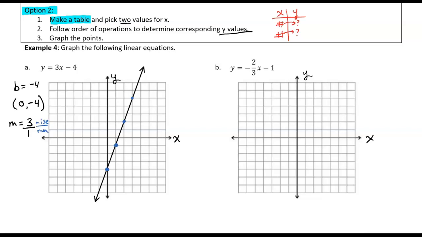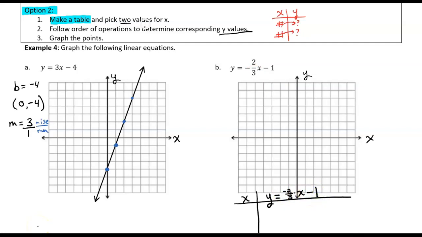So a table of values, we said. We're going to use that method. I'll go ahead and draw it down here. So we're going to pick some x's, and to find the y value, I'm going to plug it into this part of my equation. The y is going to equal negative 2/3 times whatever x we choose, minus 1.